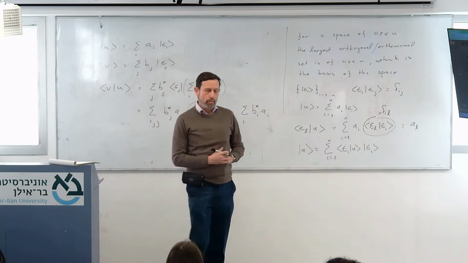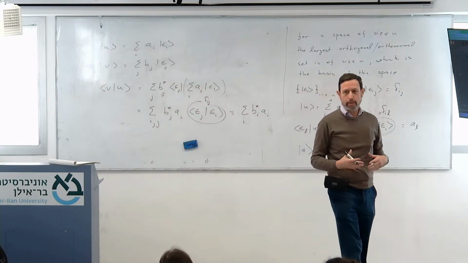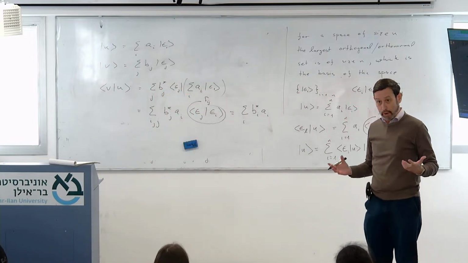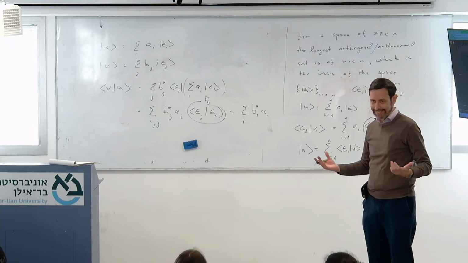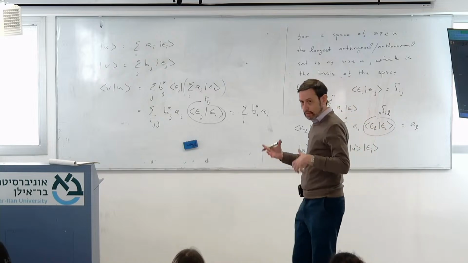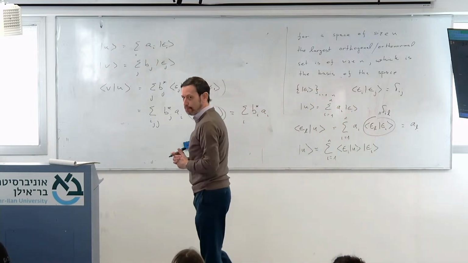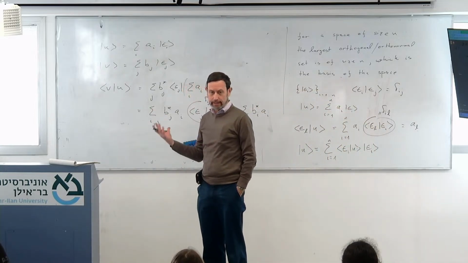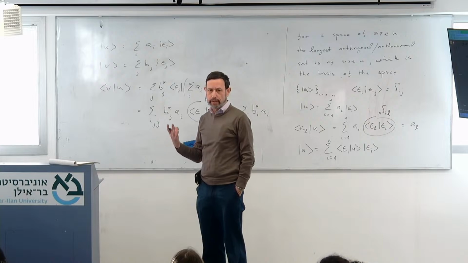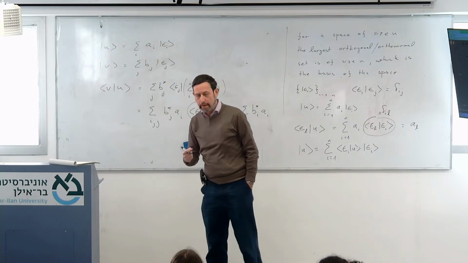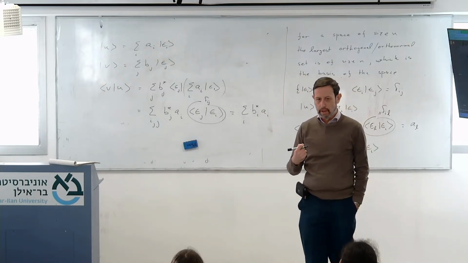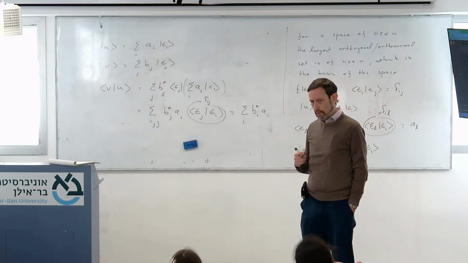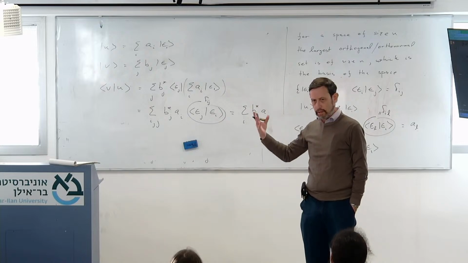Good, but as we have seen, not all the world is wave functions or vectors. We need operators. So we introduce an operator. What does an operator do? Let's remind ourselves what it did in quantum mechanics that we have already learned.